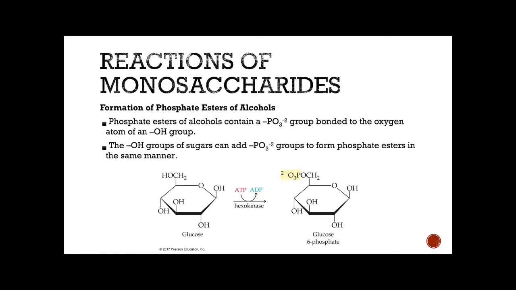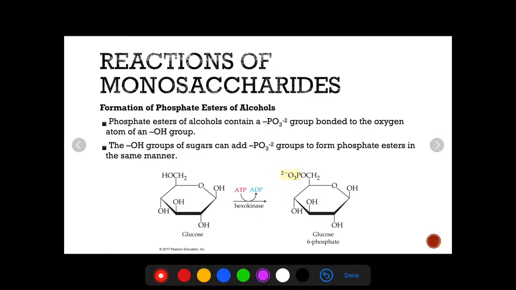Okay, the last reaction we're looking at with monosaccharides is the formation of a phosphate ester of alcohols. So it can be formed when a phosphate group bonds to the oxygen atom of an OH group. So you can see that here we have glucose, and here's our OH group. So now the hydrogen goes away, and the phosphate is able to bond with the oxygen there.